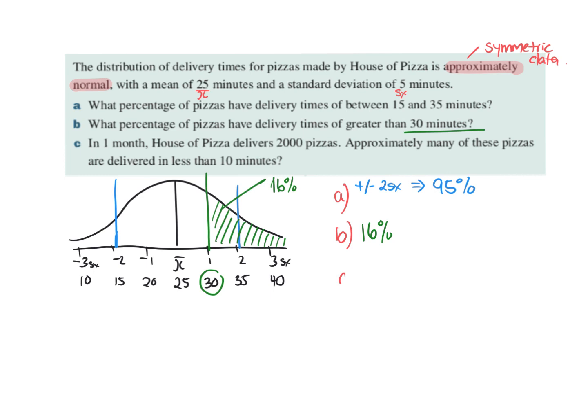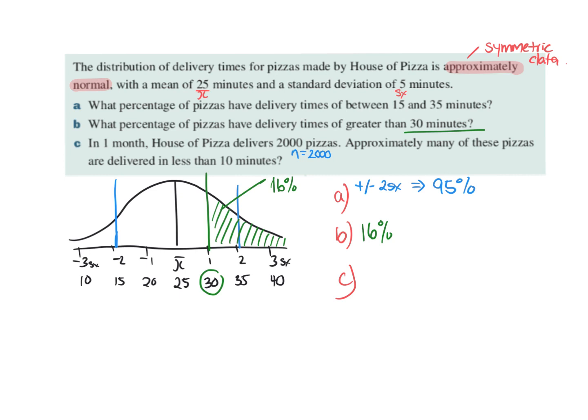Okay, for C, in 1 month, the House of Pizzas delivers 2,000 pizzas. So here you got told an N. Remember, they did 2,000. And approximately how many of these pizzas are delivered in less than 10 minutes?